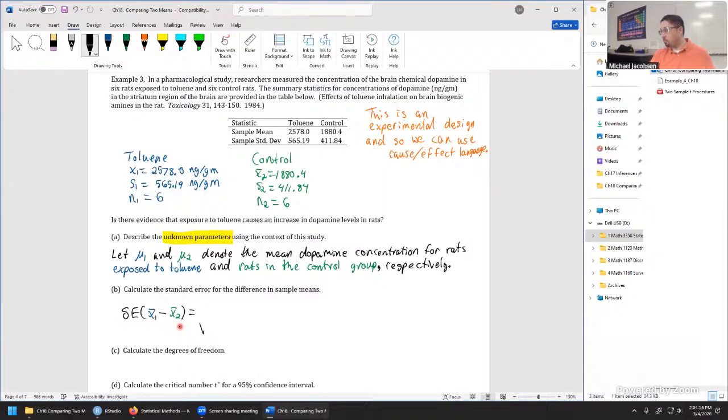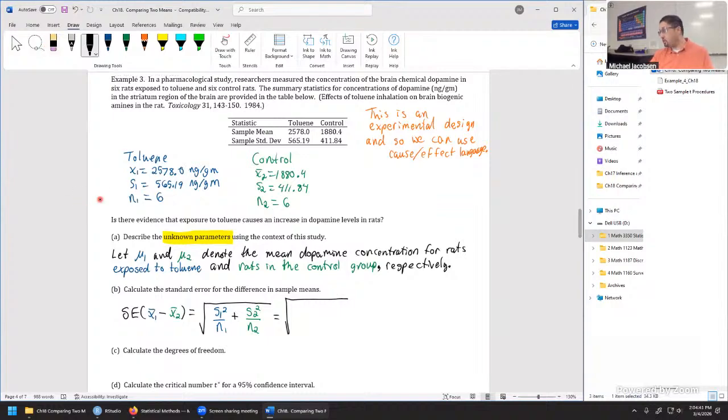Then this is just one gigantic square root. I mean, it's not that big, but here it is. The formula says take S1 squared. This is the formula that we derived. Divide by N1, add to it S2 squared, divide by N2. So let's plug all that in.